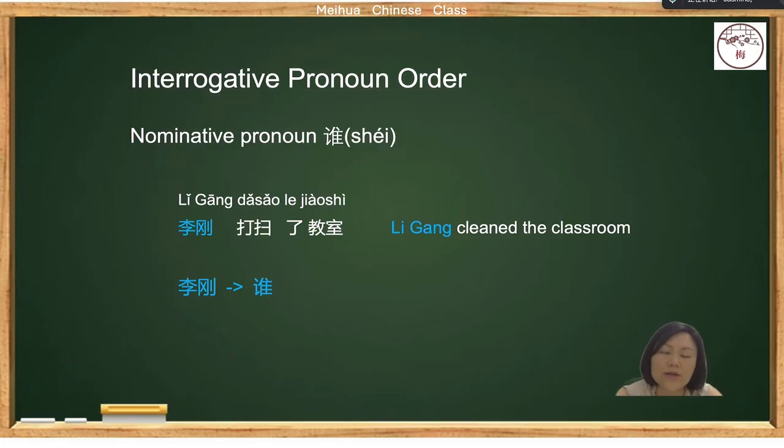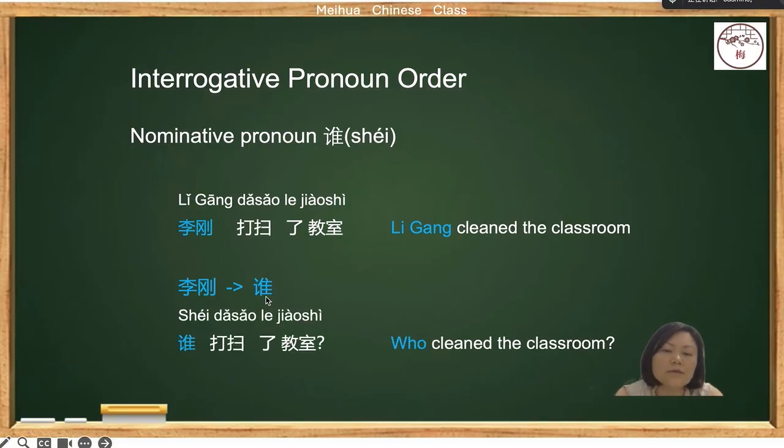Who takes some action, who is not the object of an action. So we should find the nominative pronoun for this subject. That is 谁, and we replace Li Gang with the nominative pronoun, and we put it in the same place as in the declarative sentence. 李刚打扫了教室.